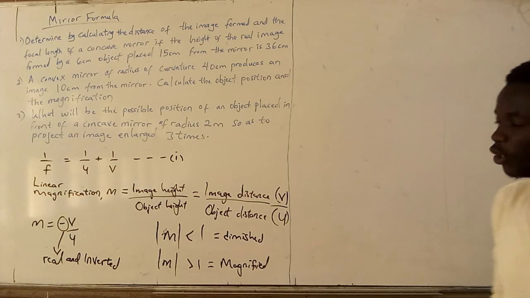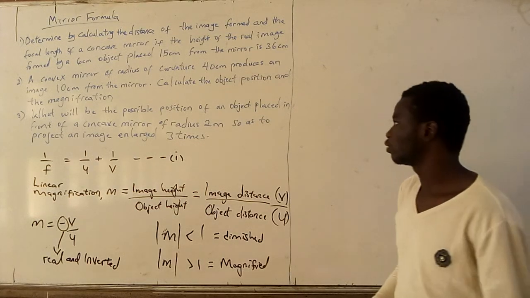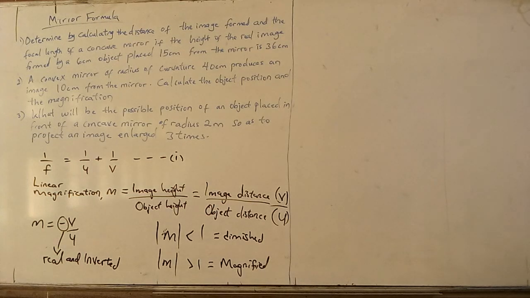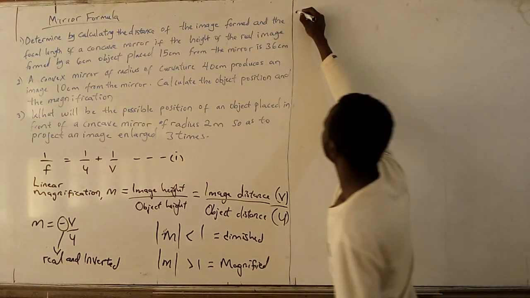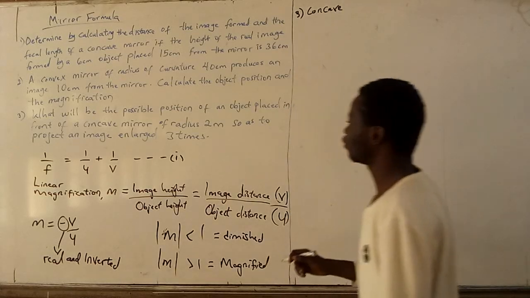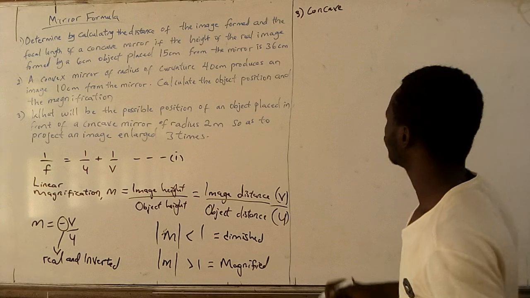So for the third question, what will be the possible position of an object placed in front of a concave mirror? Here we are dealing with a concave mirror of radius 2 meters.